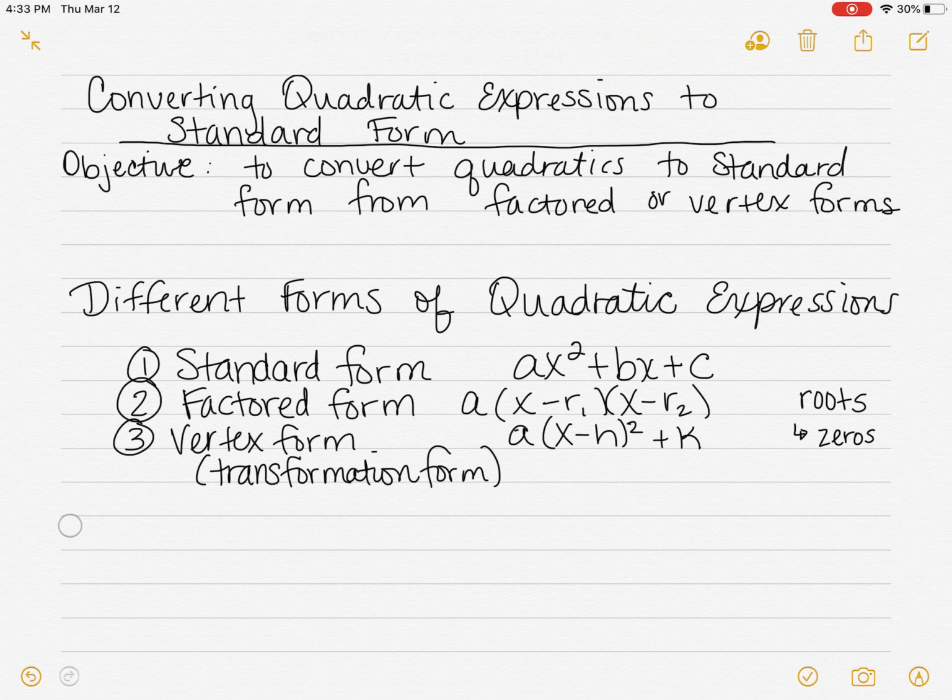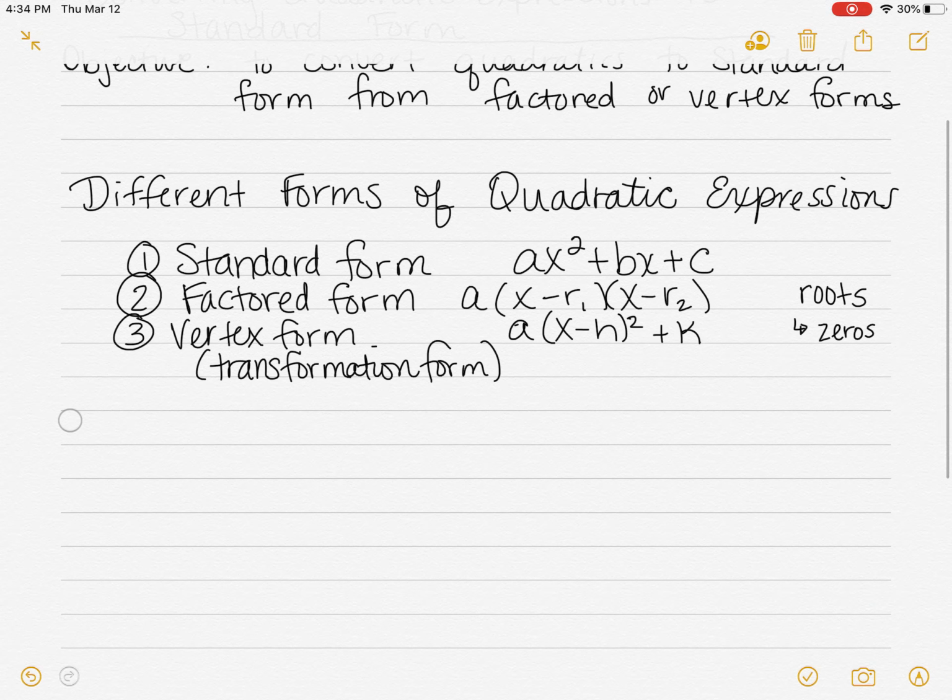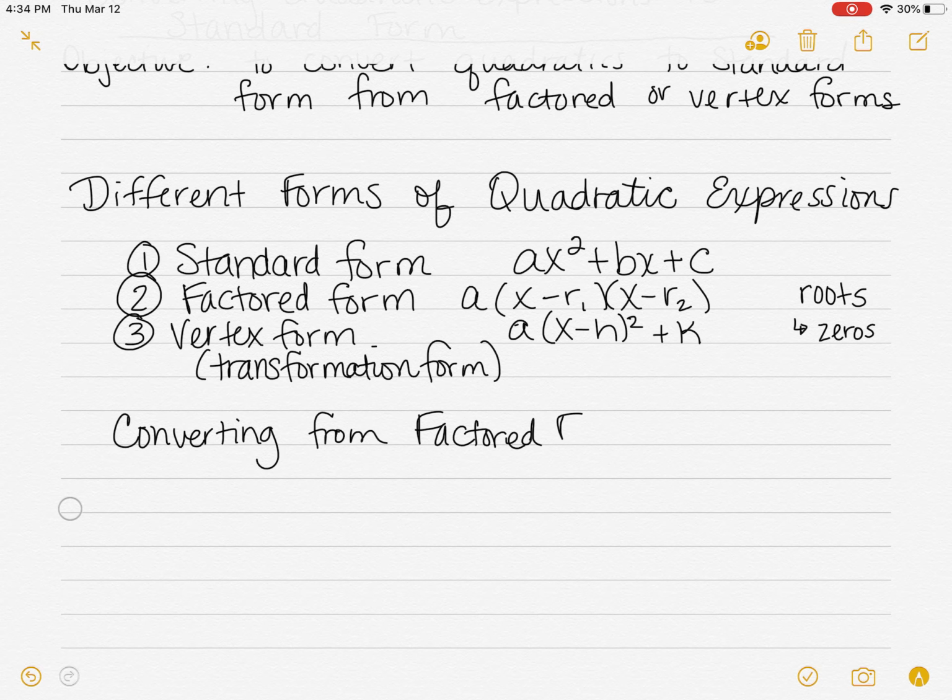For today, however, we are just going to convert from one form to the other. Let's look at converting from factored form to standard form.